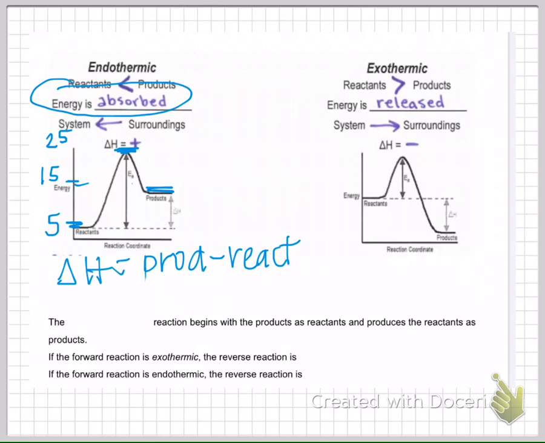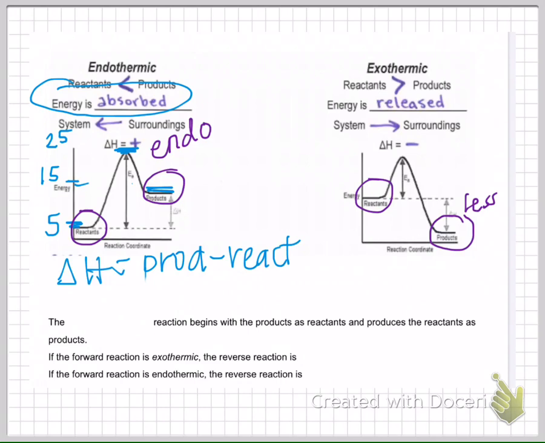So if you notice that your products have higher energy than your reactants, then you can bet that that's going to be an endothermic reaction. On the contrary, if your products have less energy than your reactants, then that's a red flag that it's going to be exothermic because your delta H will be negative.